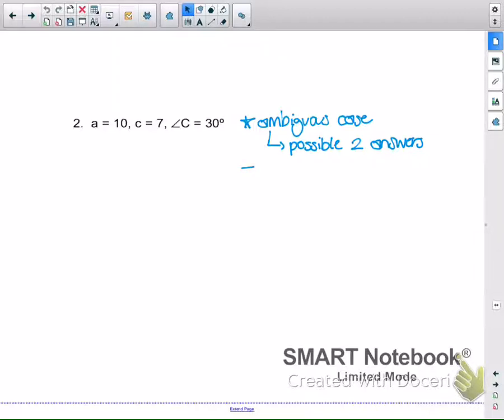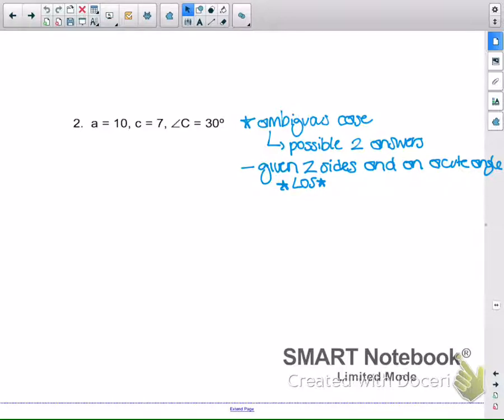This only happens when you are given 2 sides and an acute angle. And with the law of sines. If you're given 2 sides and an acute angle and you can use the law of cosines, it doesn't apply.